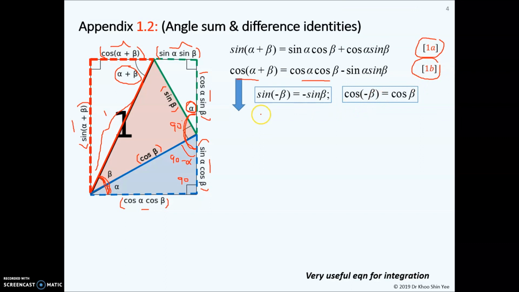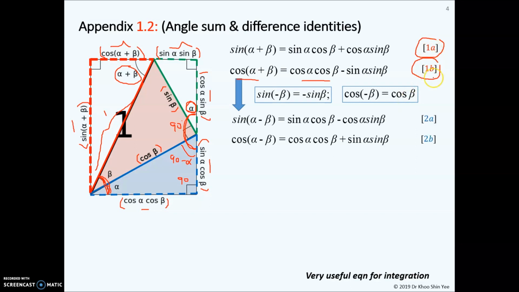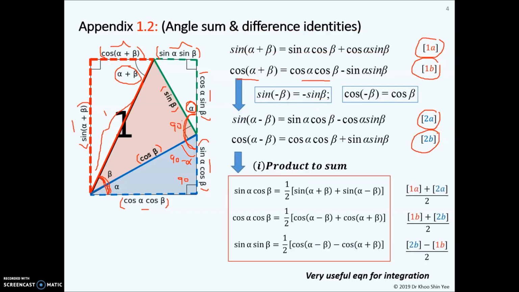Then by using this relationship, sine negative beta equals negative sine beta, or cos negative beta equals cos beta, substitute inside 1a and 1b, you should be able to get these two equations, 2a and 2b. So 1a, 1b, 2a, 2b are called the angle sum and difference identities, which are very useful in integration.